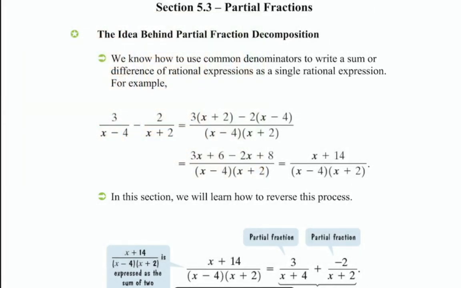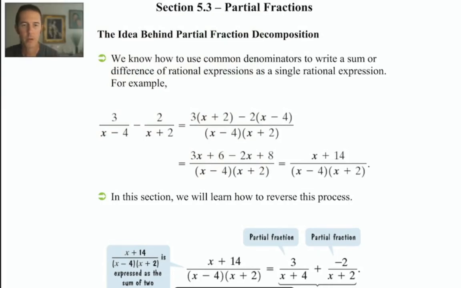What you're seeing here at the outset of these notes is an example of a subtraction problem, and you've done problems like this in your recent studies. The challenge in doing that particular subtraction problem is you need to achieve a common denominator.